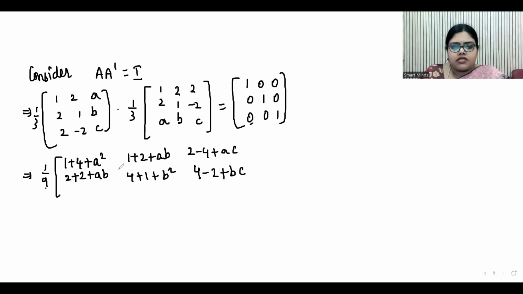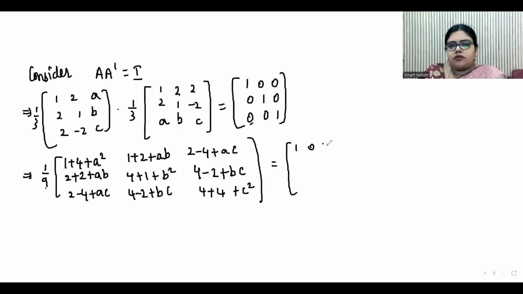Now third row first column, 2 minus 4 plus AC. Third row second column, 4 minus 2 plus BC. Third row third column, 4 plus 4 plus C square. That is equal to 1 0 0, 0 1 0, 0 0 1. Now take this 1 by 9 to the other side.